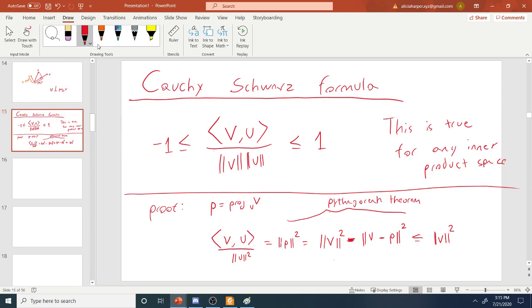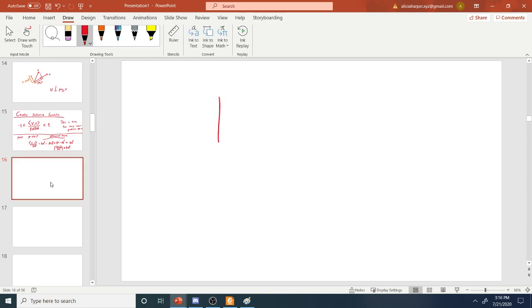And I can note that the absolute value of both sides, the absolute value of the inner product of v with u, divided by the norm of u squared, is less than or equal to the norm of v squared, which shows that the absolute value of the inner product of u with v divided by the norm of u times the norm of v is less than or equal to 1, and from this, the Cauchy-Schwarz formula follows.